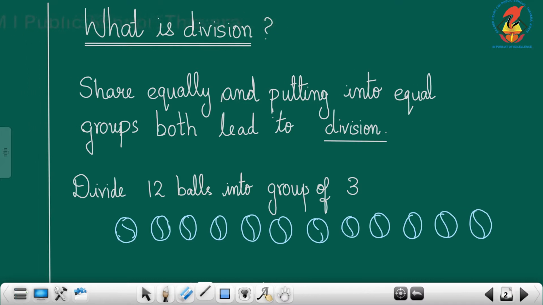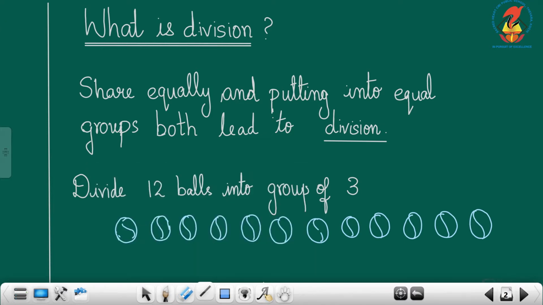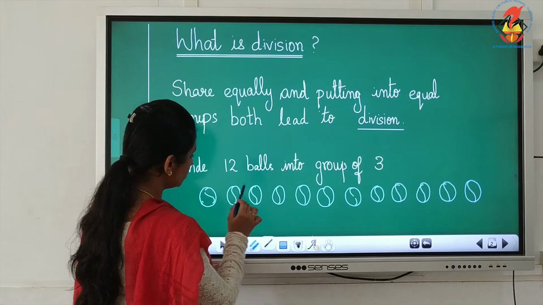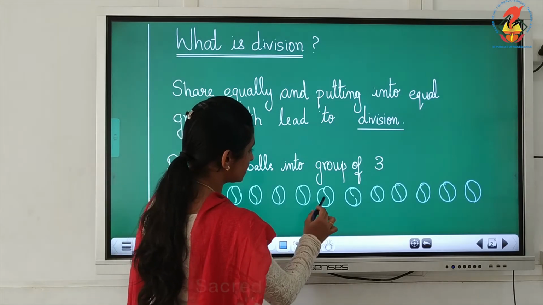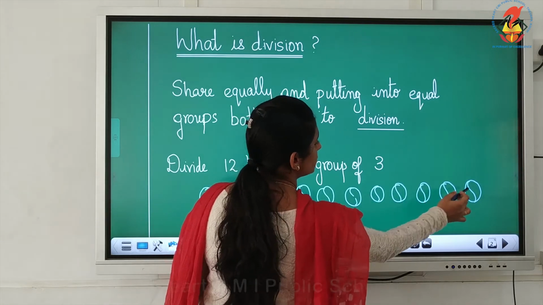So divide 12 balls into groups of 3. Okay, 12 balls into groups of 3. So how many balls can be included in each group? Here 12 balls are there: 1, 2, 3, 4, 5, 6, 7, 8, 9, 10, 11, 12.